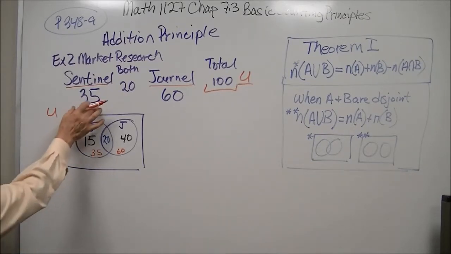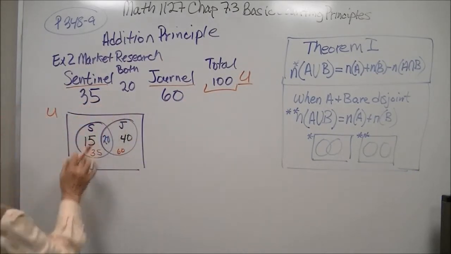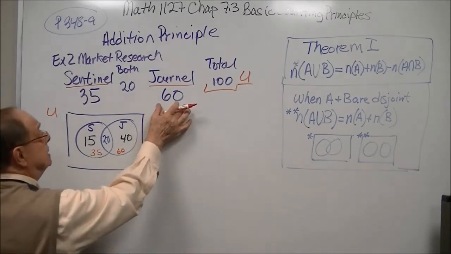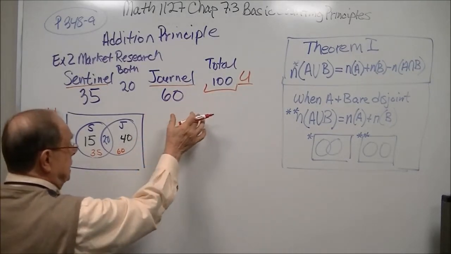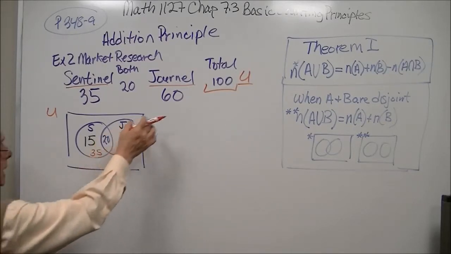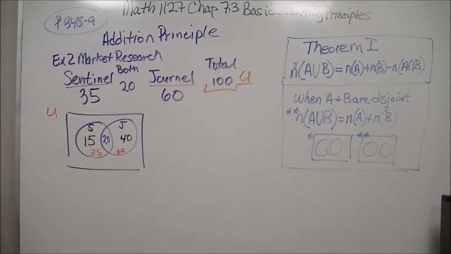And 35 individuals of this 100 said they did. And do you read the Journal? And 60 of those 100 individuals said they did. And they also asked, do you read both? And of that 100 individuals, 20 said they read both.